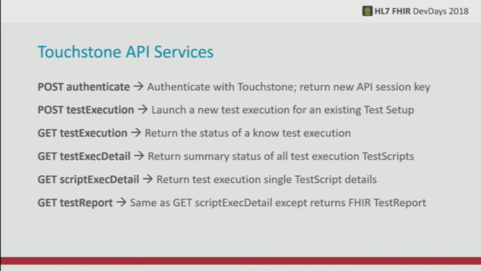And then there's a test report resource type within FHIR that was introduced a little while ago. It still needs some work, but at least we support it right now through the API. So if you want your test script execution details in a FHIR compliant test report format, we can give it to you as well.